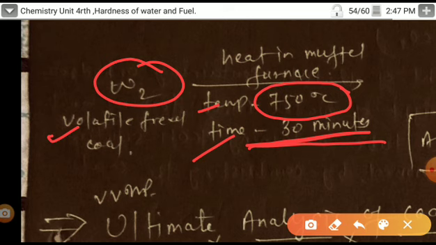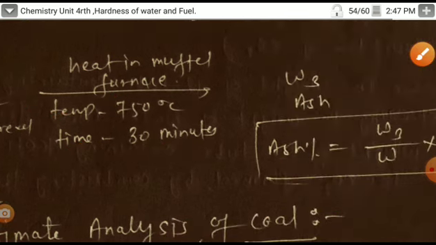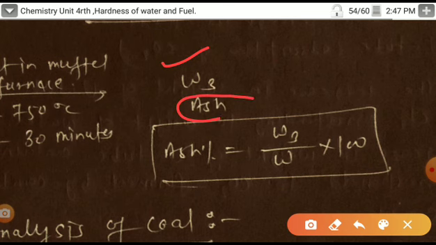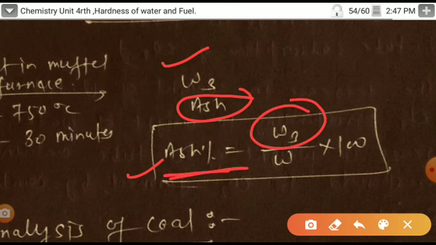All the combustible substance will be burnt, the coal will be completely burnt, and the last remains is ash. So in the crucible you have to observe the ash. The ash percentage is equal to W3, the weight of the ash or the last product after burning off all the moisture and volatile material free coal.